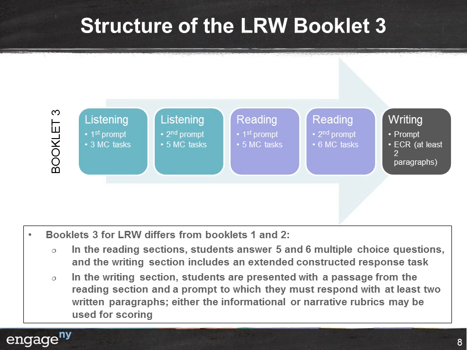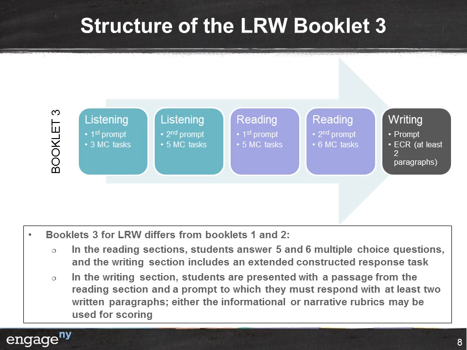The third booklet for listening is similar to the other 2 booklets in that there are 2 listening prompts and then 2 reading prompts. Then there's a writing prompt. However, the number of questions and length of the constructed response changes. After the first listening prompt, students answer 3 multiple choice questions, and then after the second listening prompt, they answer 5 multiple choice questions.